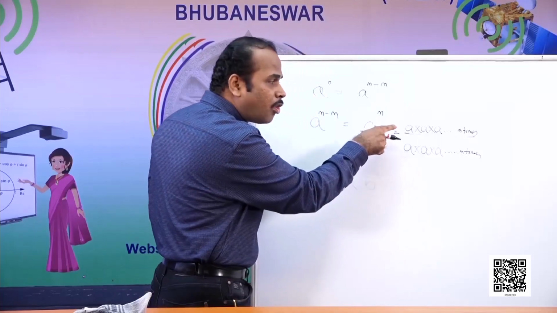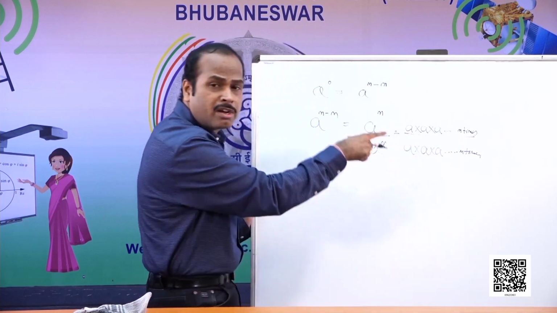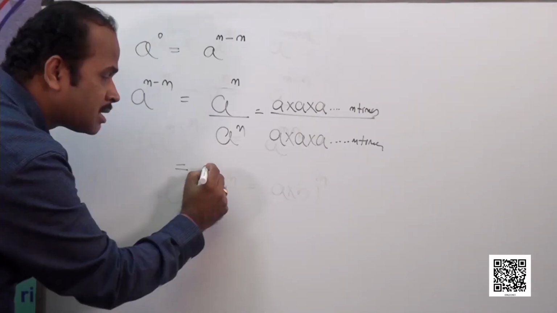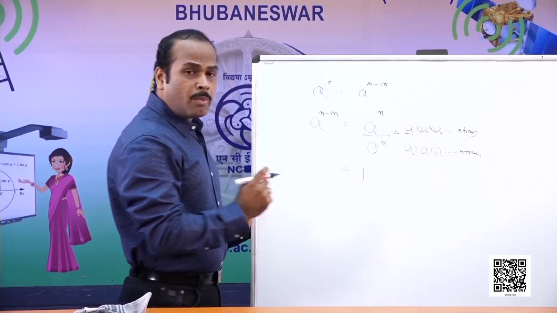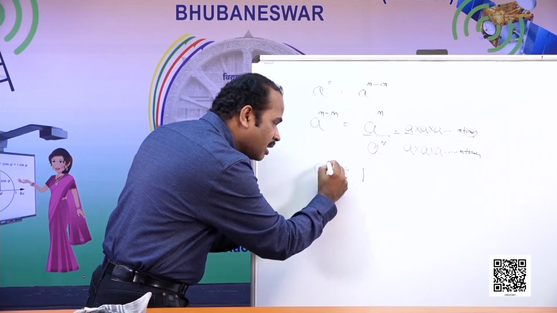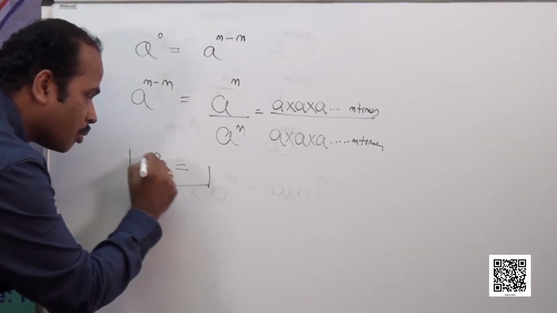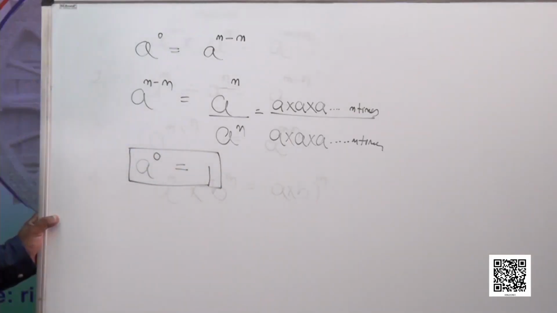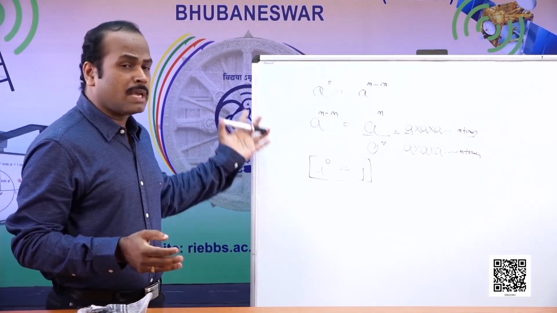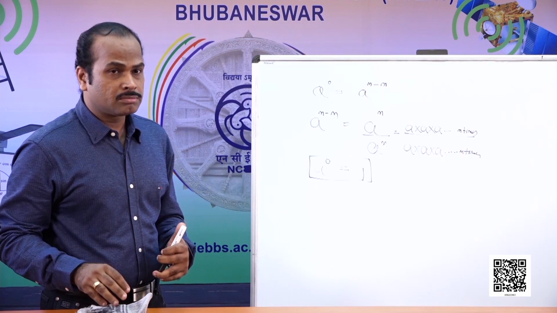All these factors are the same in numerator and denominator, so you can cancel all these factors and finally you will find it is 1. So finally I get a to the power 0 equal to 1. So we got a to the power 0 equal to 1 using the same laws of exponents.